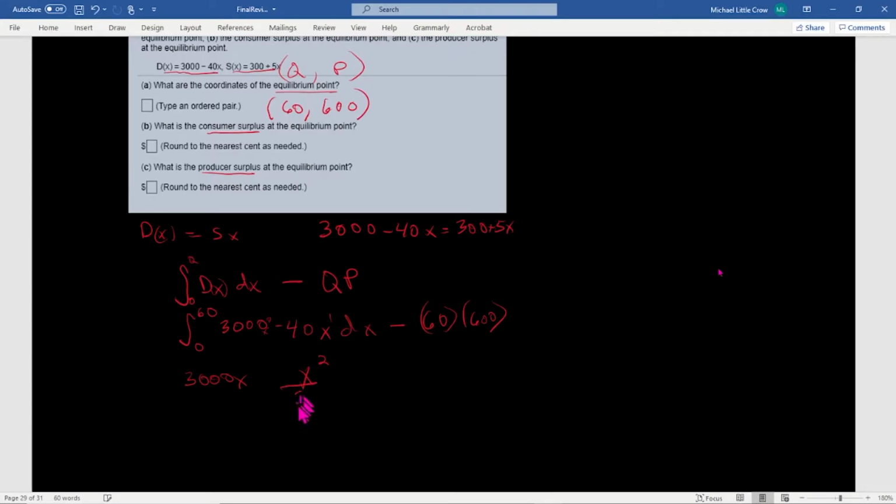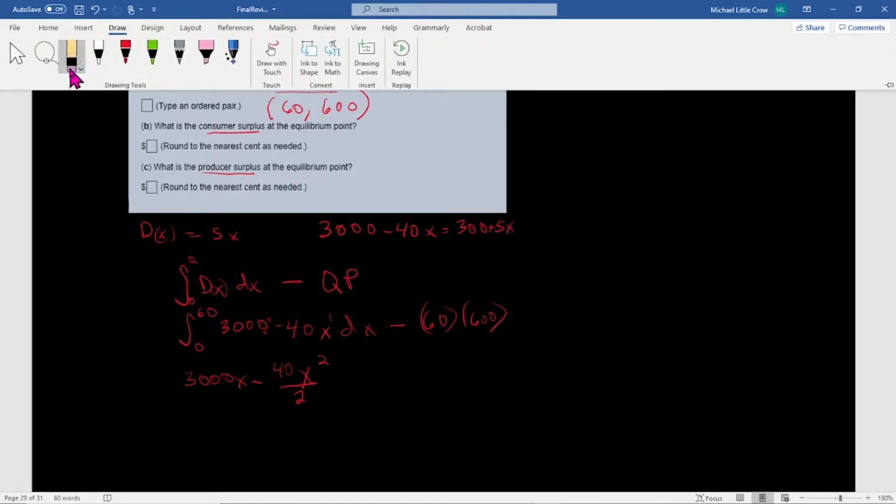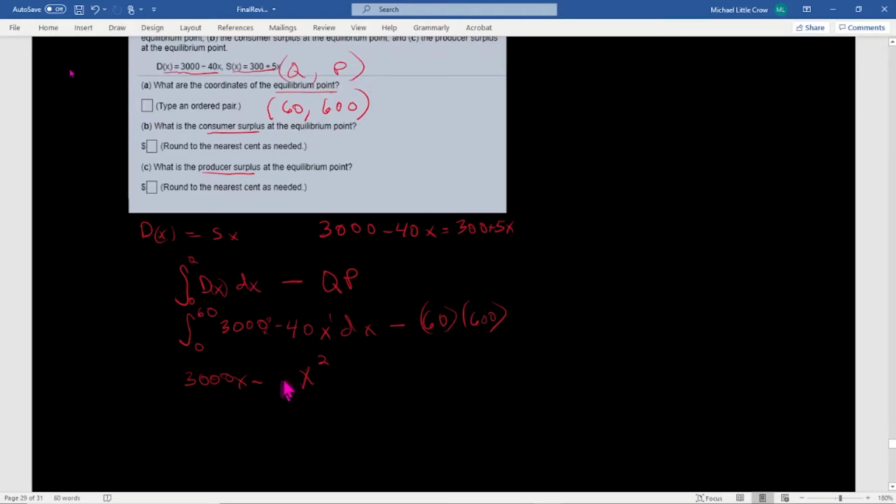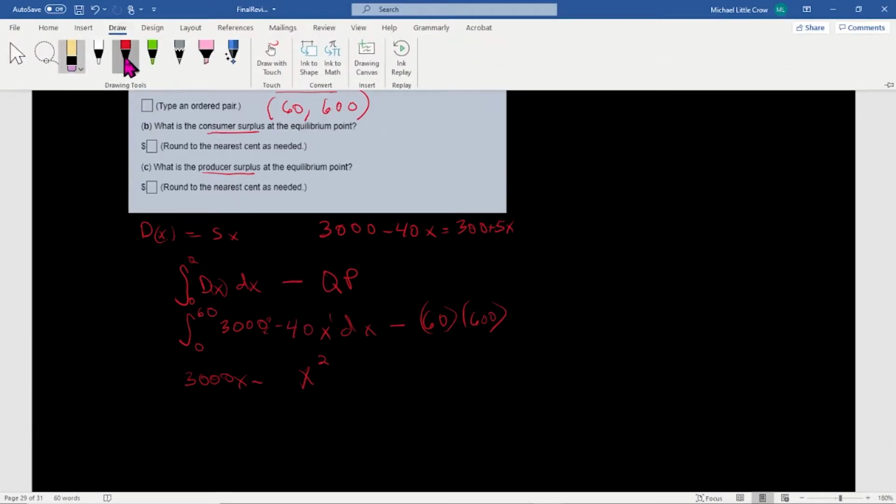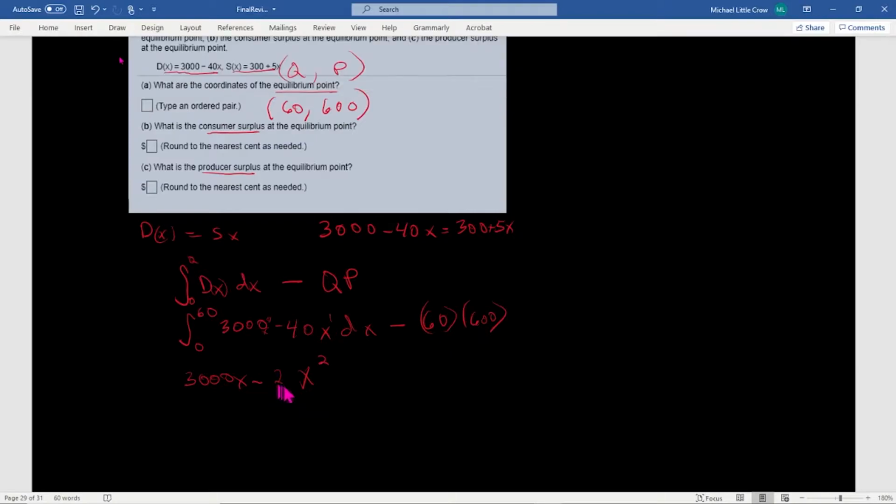We need to divide by the new exponent, and we still have this 40. So again, 40 divided by 2 is 20. I like to show it because if I don't, you'll see, where did that 20 come from? Well, it's 40 divided by 2. Now we know. So that's that.